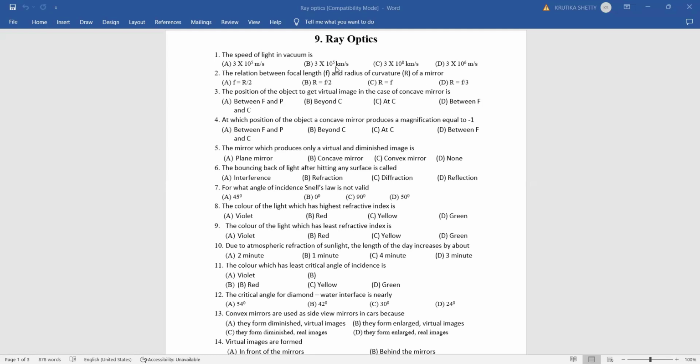See the second question, students. What is the relation between focal length and the radius of curvature of a mirror? F is equal to R by 2, R is equal to F by 2, R is equal to F, or R is equal to F by 3.